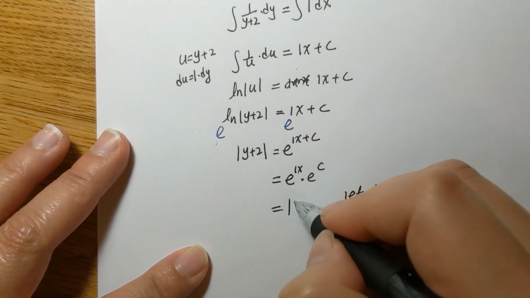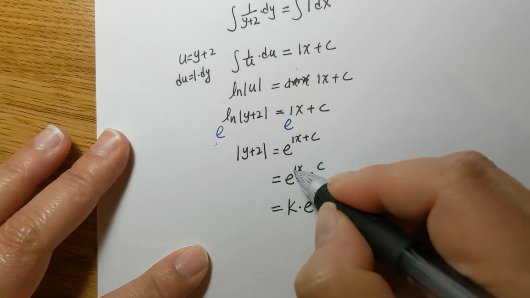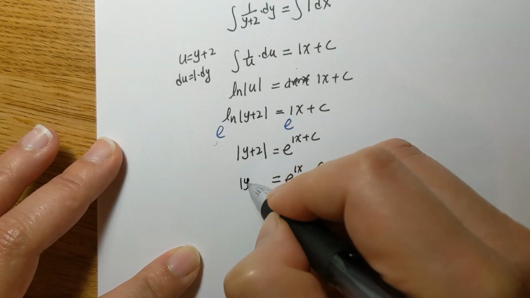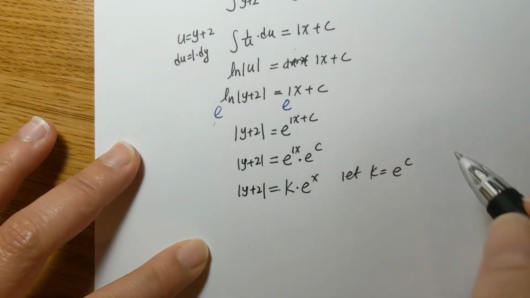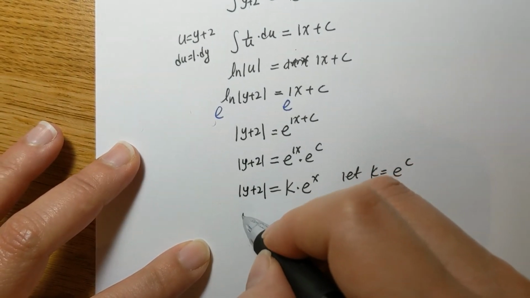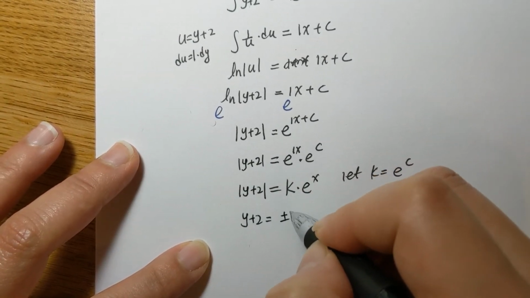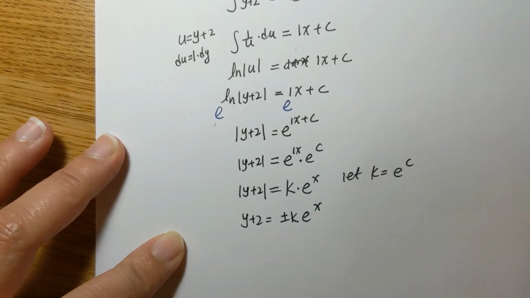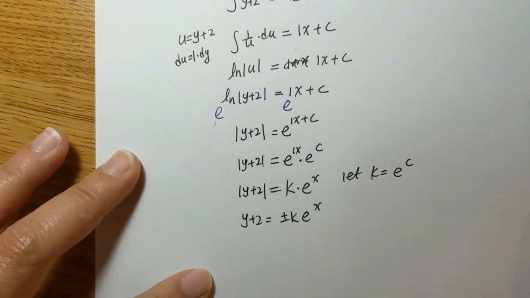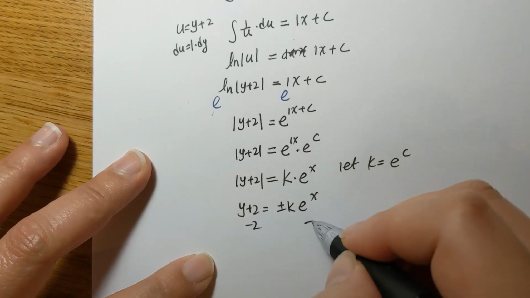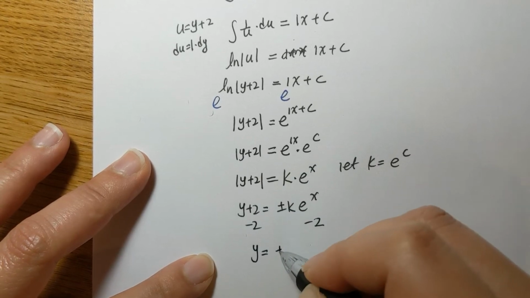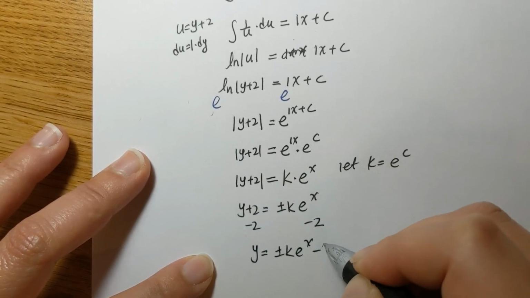So I'm going to get k times e to the x. 1x is x. On the left side, stay the same. Now I'm going to get rid of the absolute value, so y plus 2 equal to plus minus k e to the x. So now minus 2 both sides, y equal to plus minus k e to the x minus 2.